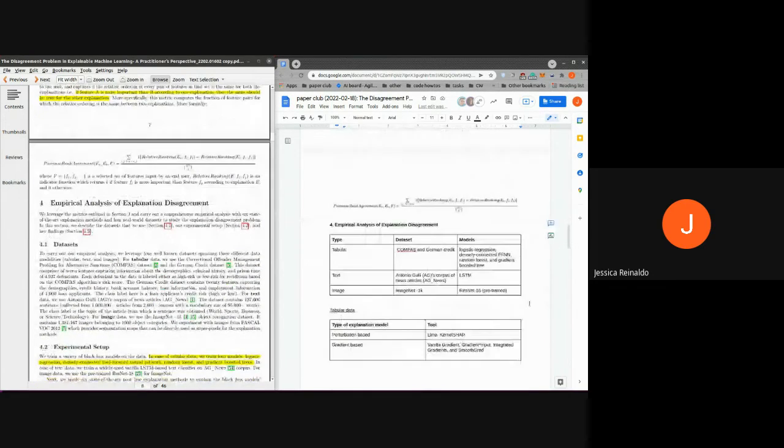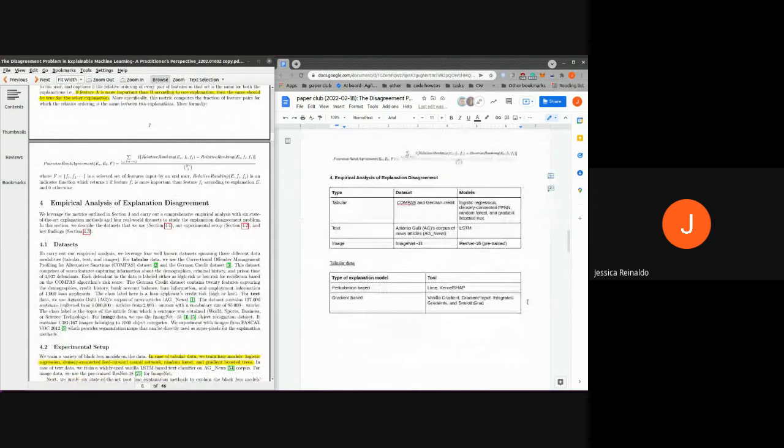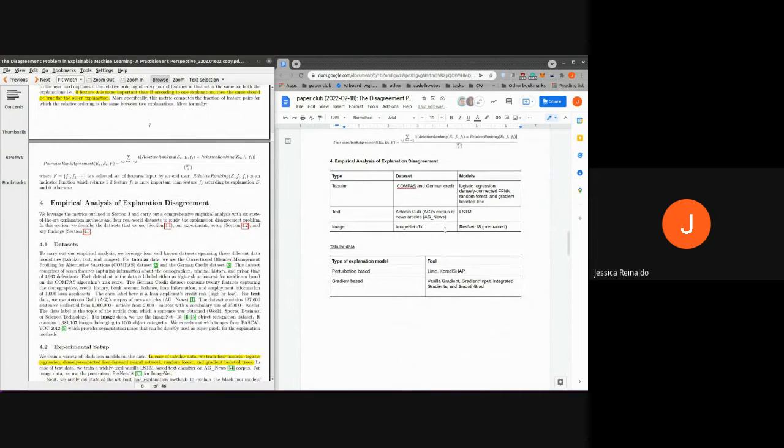So in this next chapter, they explain how they evaluated these metrics. They used tabular, text, and image datasets. For tabular data, they used two datasets, COMPAS and German Credit. COMPAS is a much leaner dataset with just 7 features, and German Credit has a larger number of features.